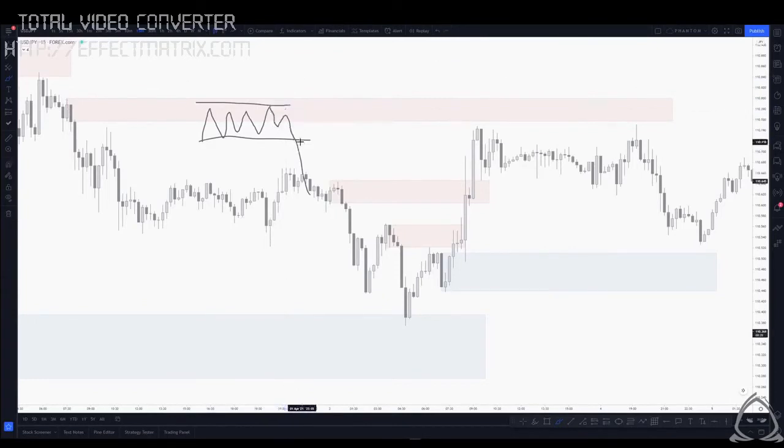So if we just take what we know about continuation and reversal patterns, if we look at the range in itself, this is a reversal model. But if we're just factoring in this bit of price action, this pivot, then this is a continuation model within it. So we're building on to the overall framework of what is happening with order flow.